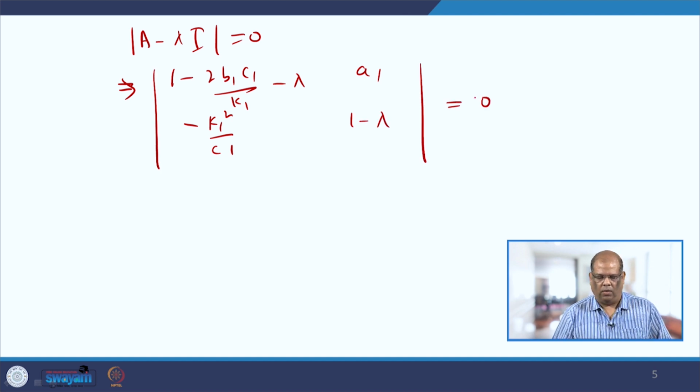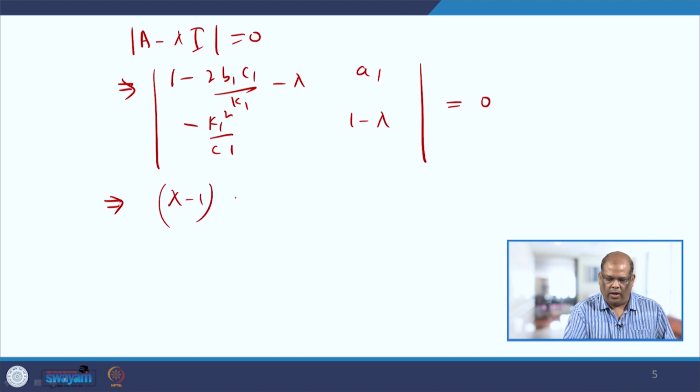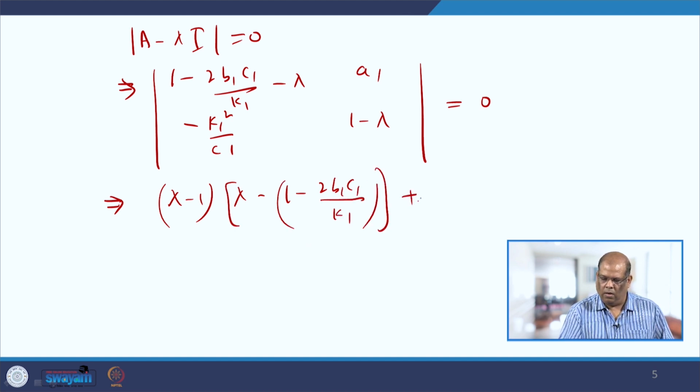So this is equal to 0. And this you can write as lambda minus 1, lambda minus 1 minus 2 b1 c1 by k1, plus a1 k1 square by c1 equal to 0.